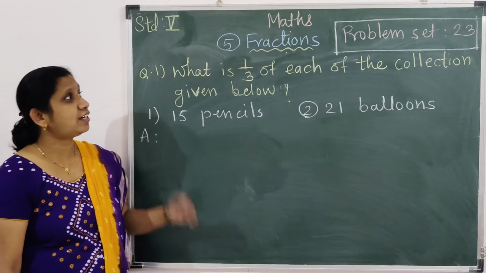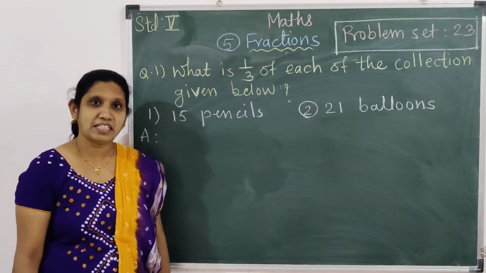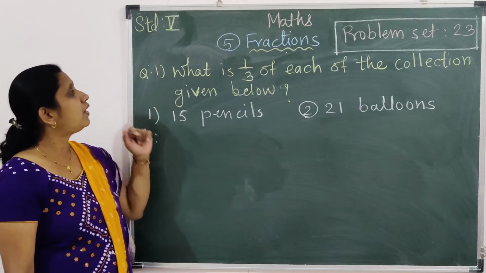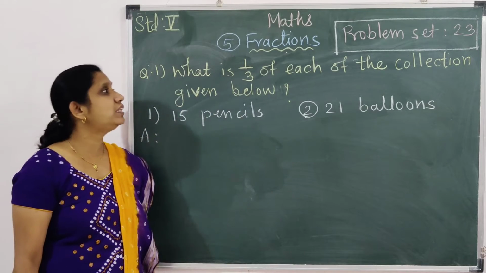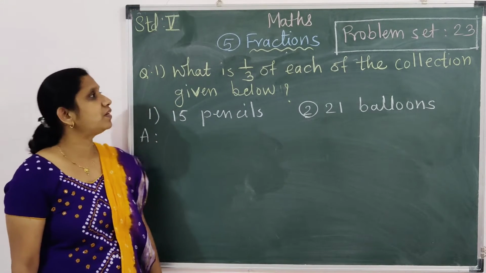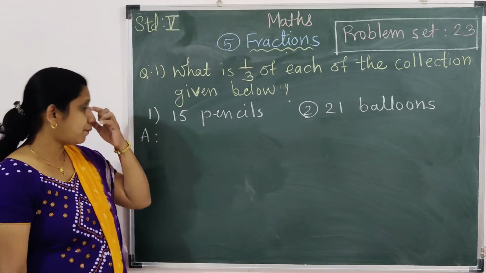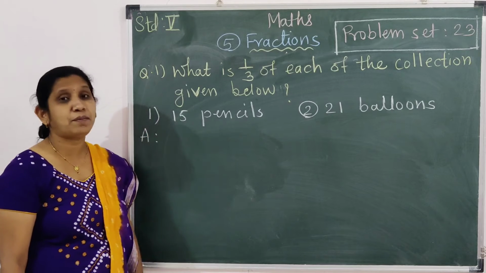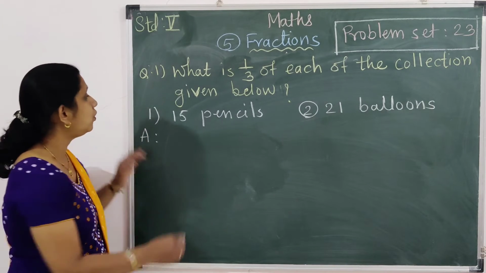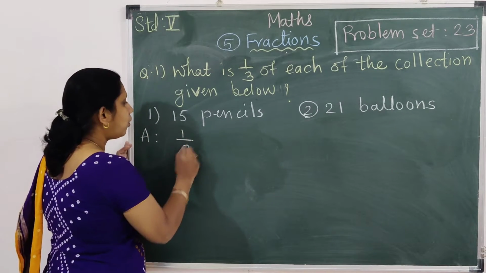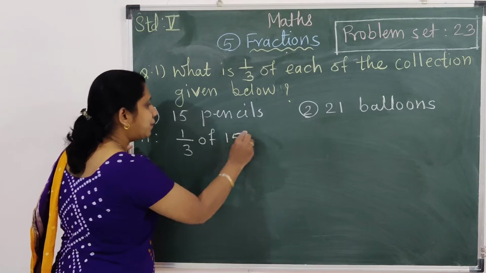Students, let us start solving problem set 23. In this, question 1 is: what is 1 upon 3 of each of the collections given below. In this, the first collection given is 15 pencils. So, how to write 1 upon 3 of 15?